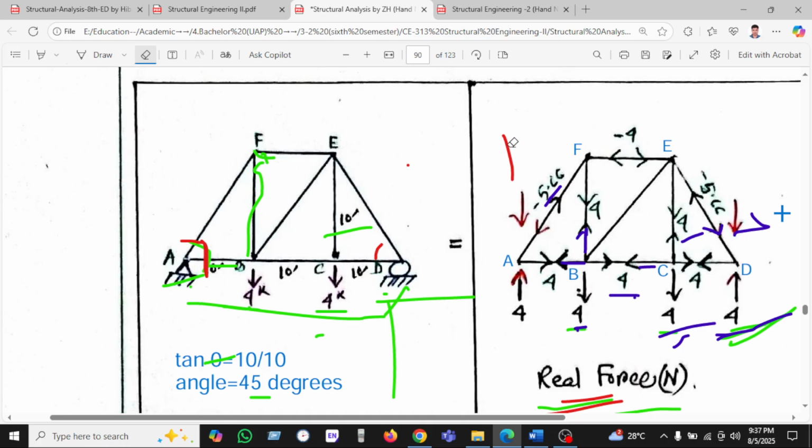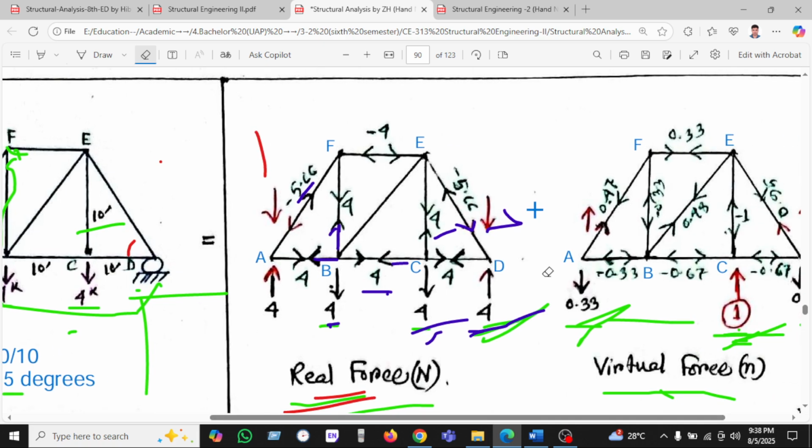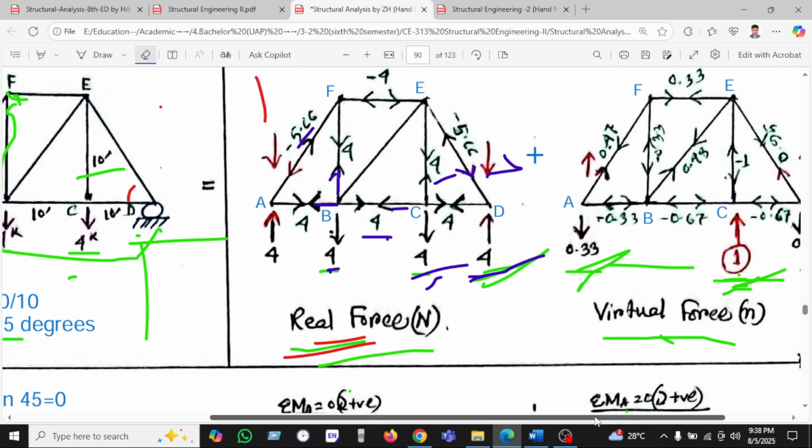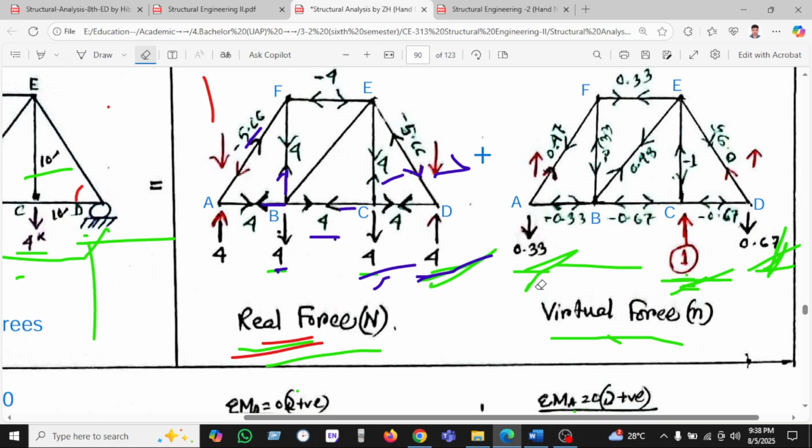So our real truss has been completed, so now we can see how to calculate the virtual truss. As we know, the same thing happens. As we know the 0.33 is going downward, so the member will be upward for balance equilibrium purposes, that's why the member direction is given here, so keep it in mind.